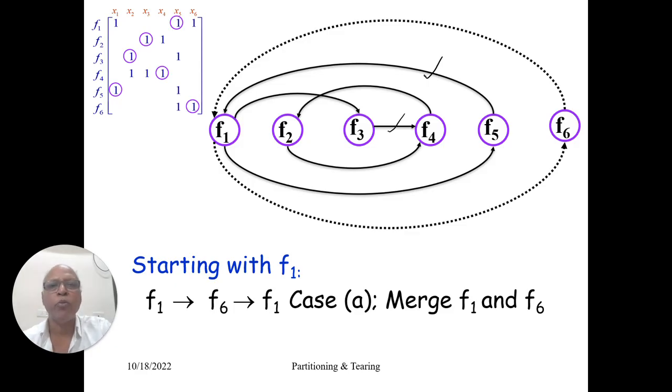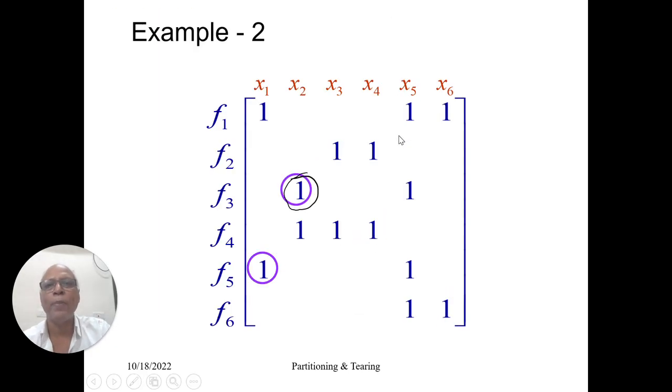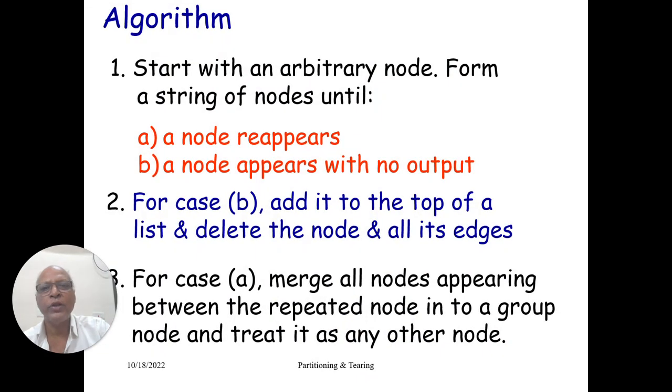Now we will be in a position to apply the algorithm to partition, which says: start with any arbitrary node F1 to F6, go on tracing the output edge from each node until you come across one of these two possibilities. A node may reappear when you are tracing the output edges. That could be one possibility. The other possibility is a node may appear that doesn't have any output edges.